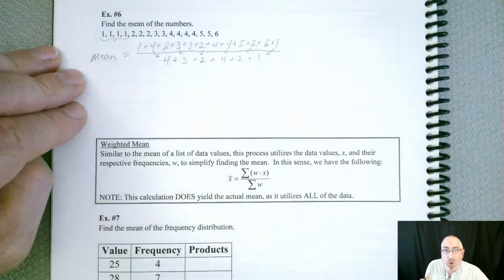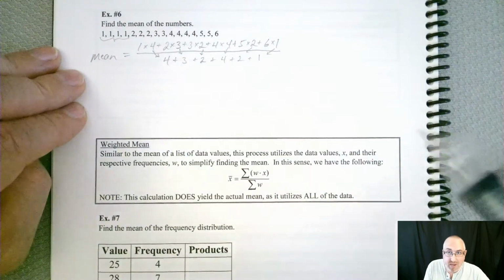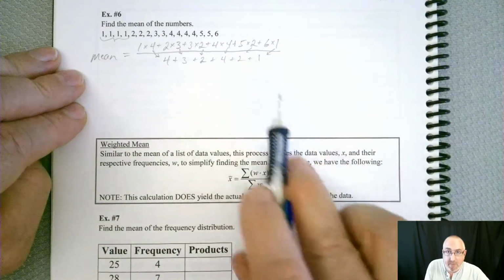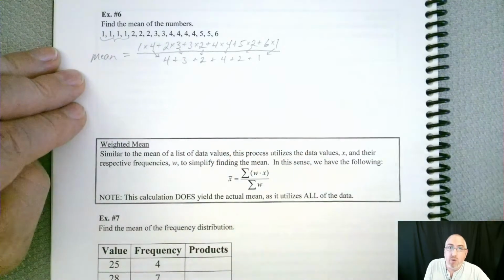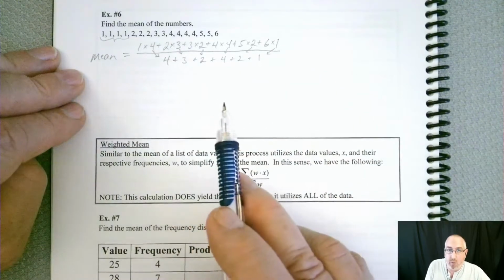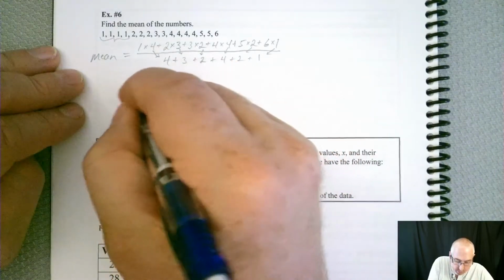So there's where that 1 is important. Even though it doesn't help us multiply up here, we need to know about it for the number of values. So this is what we're actually going to want to do calculation-wise.